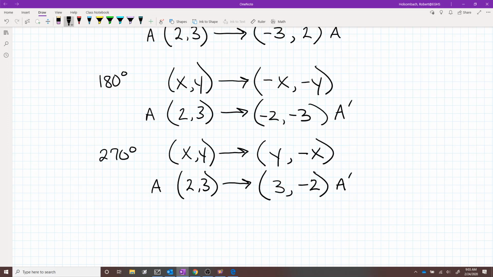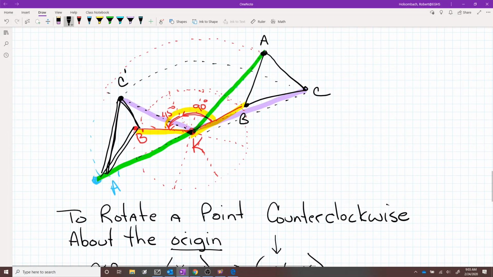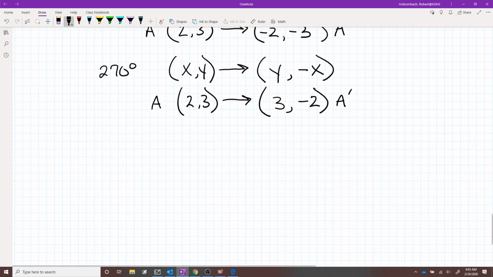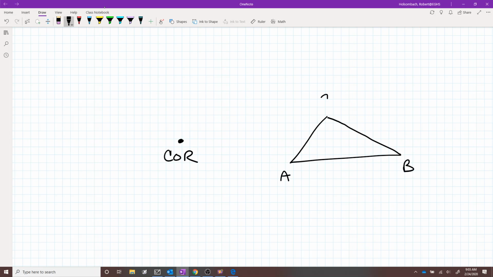Because you could spend a whole week trying to picture rotating something around a point. It goes back to this: if you've got a point, and this is your center of rotation, and you've got this shape, this triangle ABC in this case, and I can't do it.